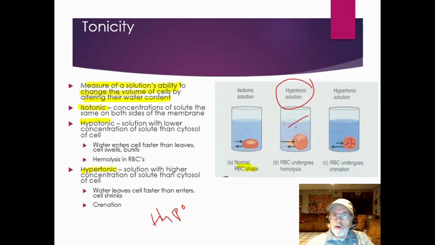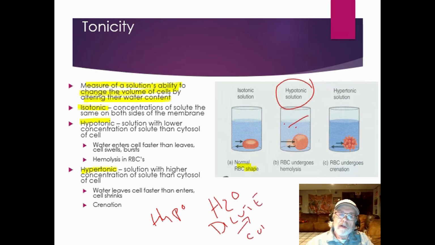Okay, so in osmosis, what moves? Water moves. And water moves from more dilute to more concentrated. Makes sense. So if the inside of the cell is more concentrated and the outside is more dilute, where's the water going to go? It's going to go from the outside to inside the cell.